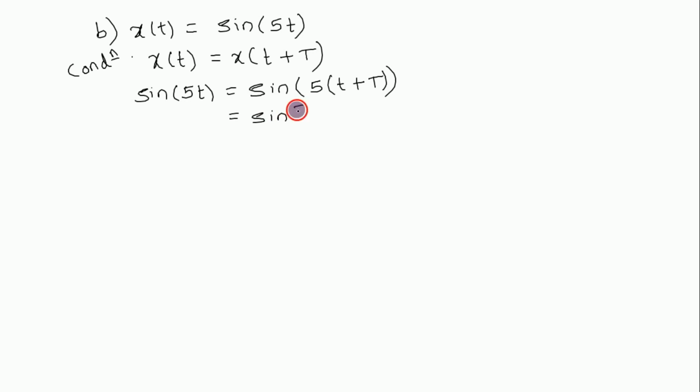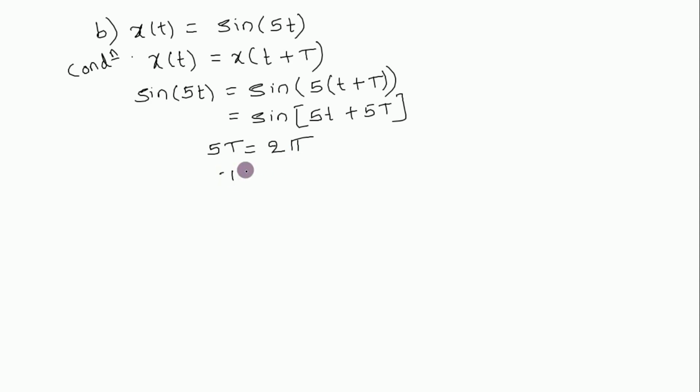This is nothing but sine of 5 t plus 5 capital T. So we have to equate 5 T with 2 pi, because we know that sine is periodic with 2 pi as a period.